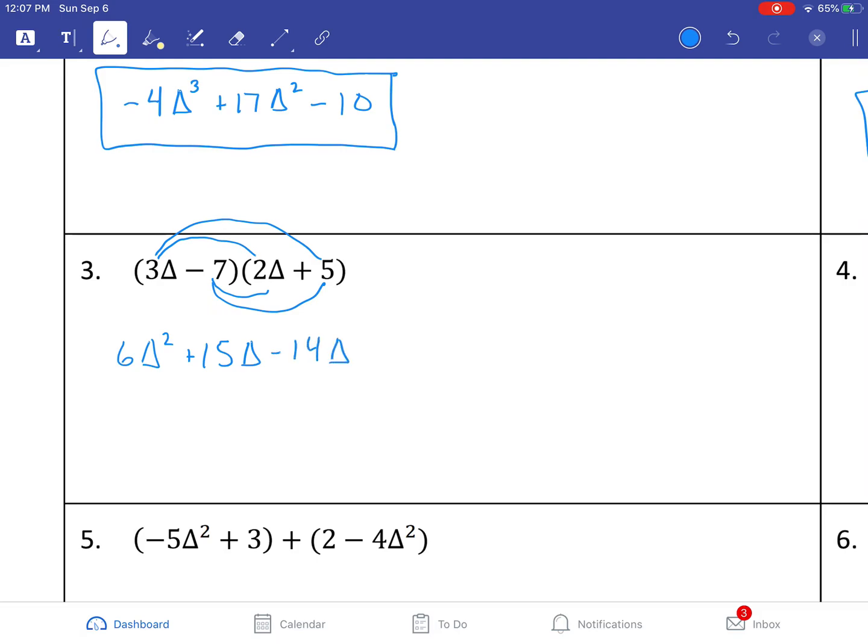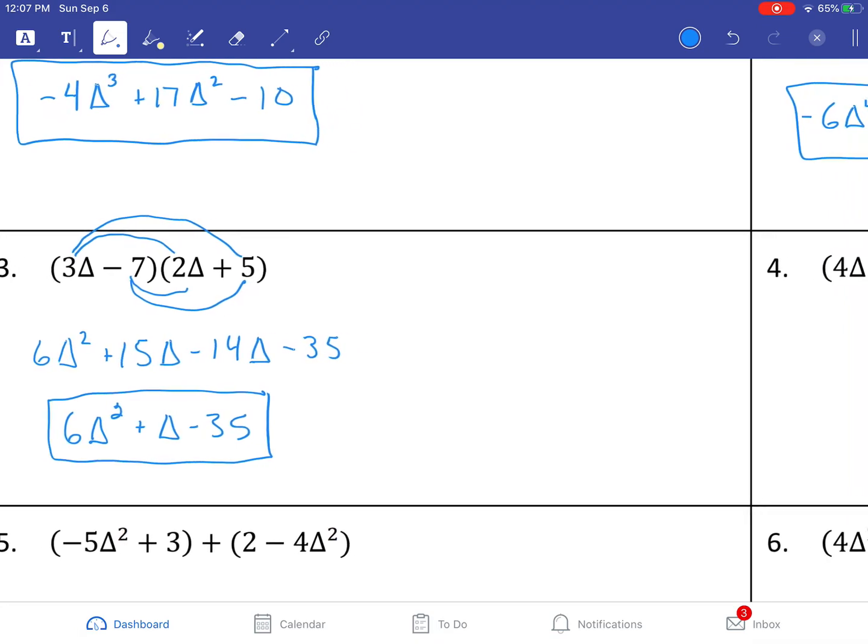And -7 times 5 is going to be -35. We combine the two things in the middle that are the same. So we're going to get just positive triangle minus 35. And that is all you have to do. Distribute and combine like terms.